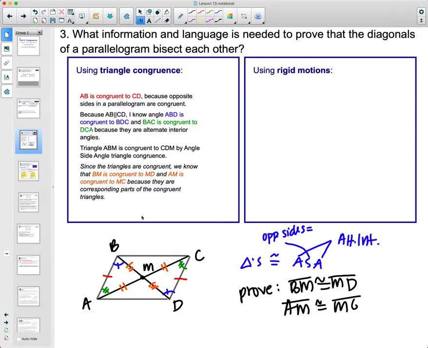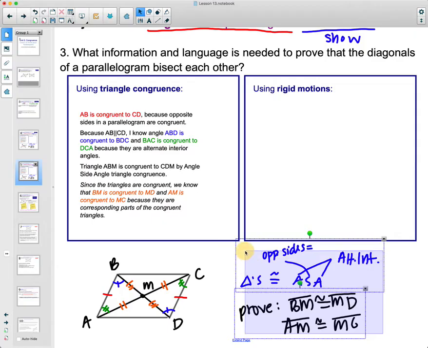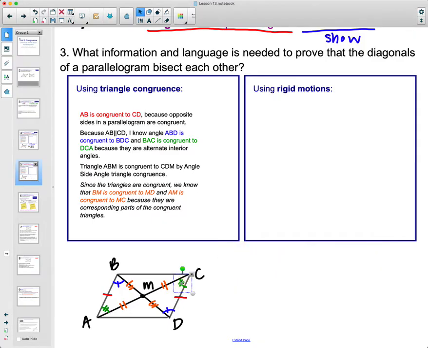Another way that you could tackle this would be through rigid motions. So let me delete some of this stuff out of here so we can start fresh. For rigid motions, that's going to be talking about rotations, translations, that kind of thing.